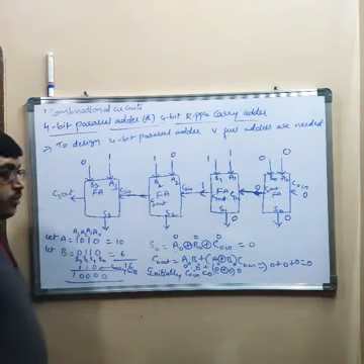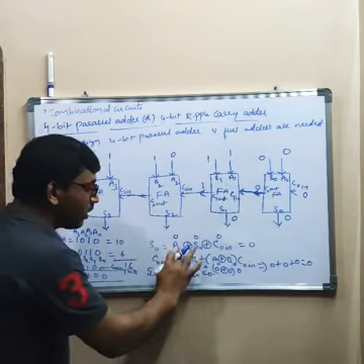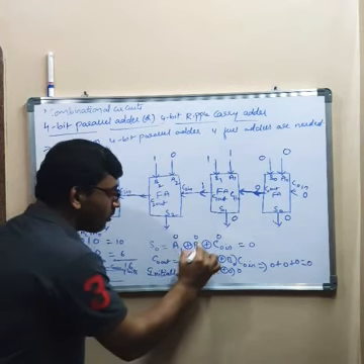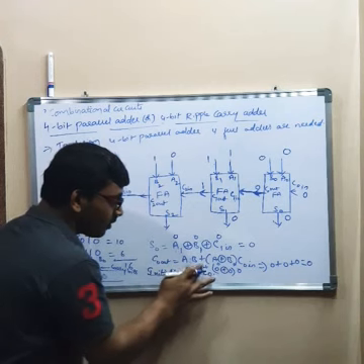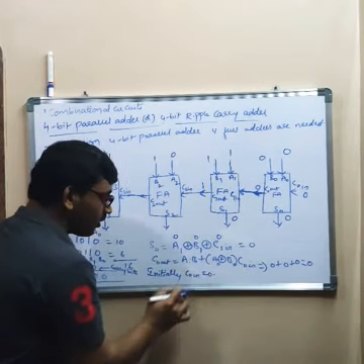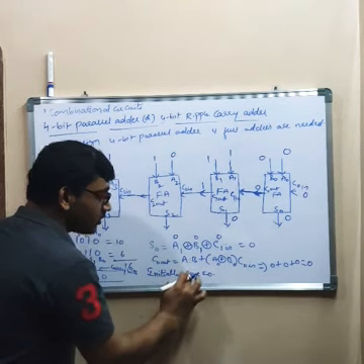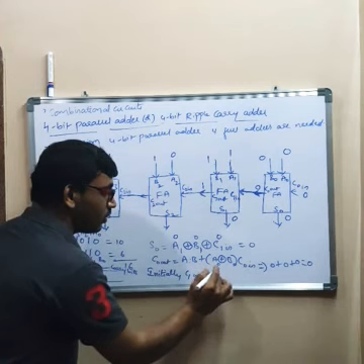Or else if you have any confusion, just substitute these values here: A1, B1, C1 in. C1 in is equal to 0.